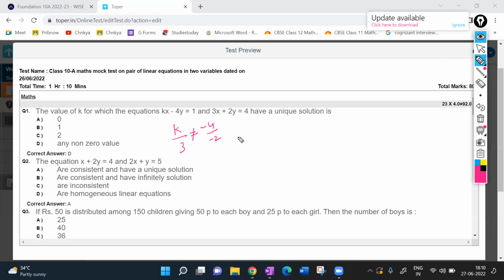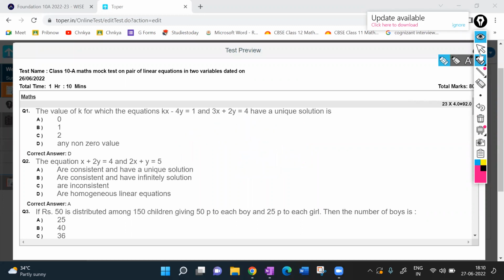Ah, plus 2, sir, not minus 2. Yes, +2, which is not equal to -2. But sir, if it is -6, because K can be any non-zero value. Yes, that is what I meant. From the given options, other than 0, 1, 2, 3, it can be any other non-zero value. That is the meaning of the options.